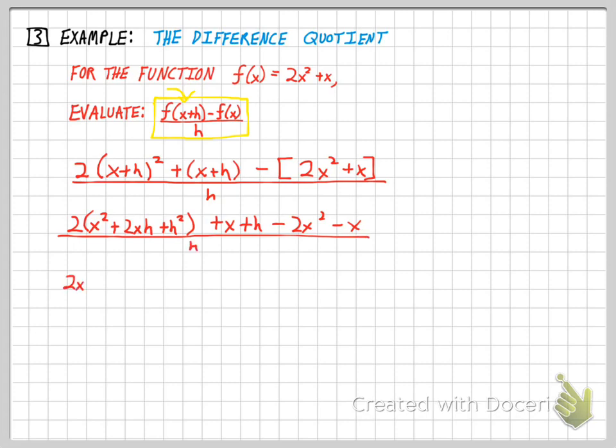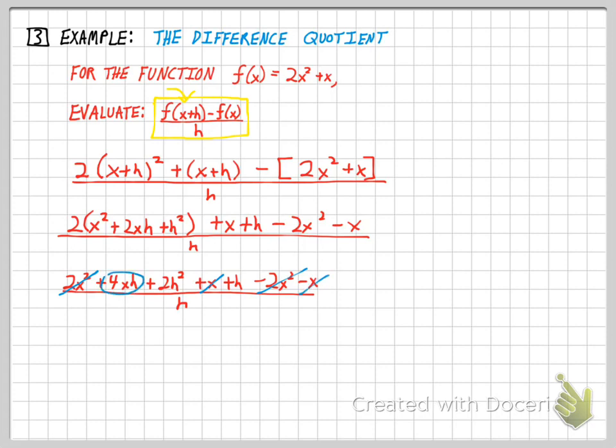Distributing gives me 2x squared plus 4xh plus 2h squared plus x plus h minus 2x squared minus x all over h. Right, a lot to keep track of, but once I have that, you should start to notice some interesting things happening. You have a 2x squared and a minus 2x squared that cancel. You have a positive x and a negative x that cancel.